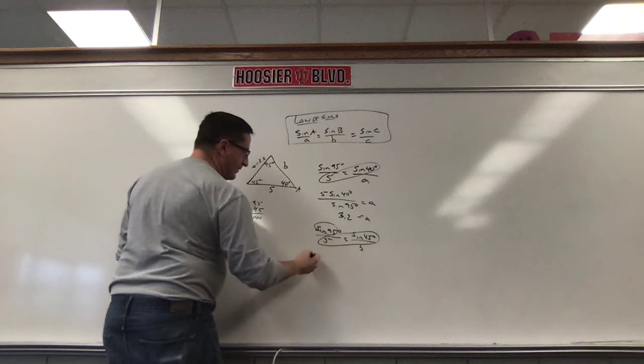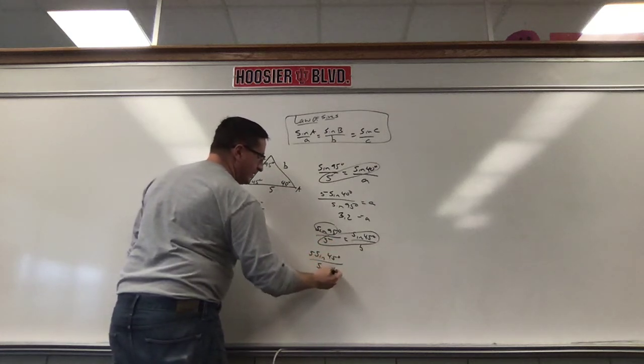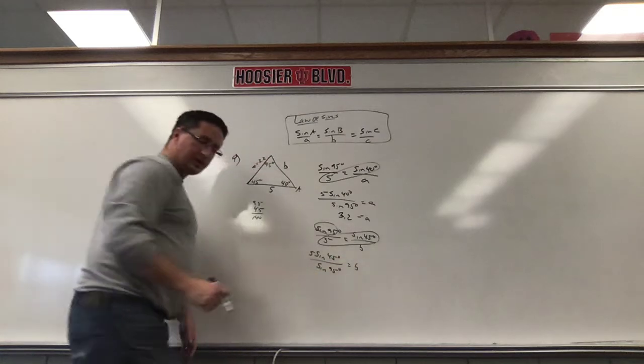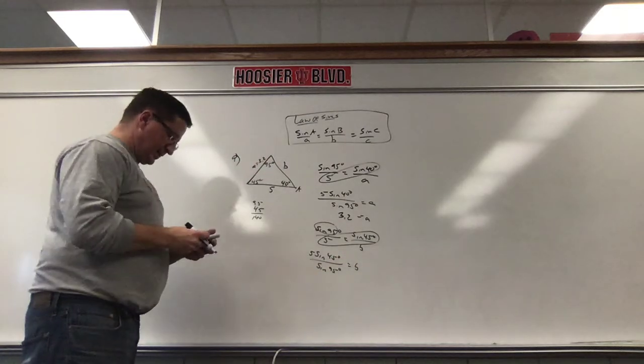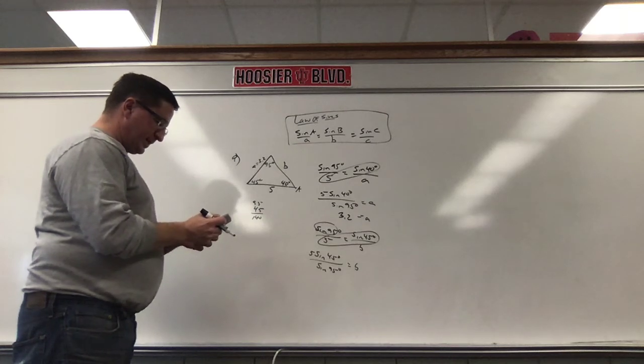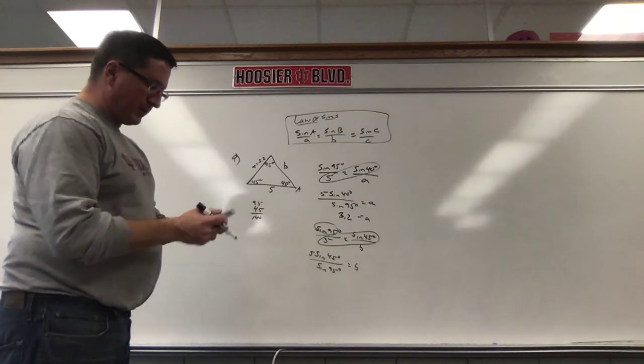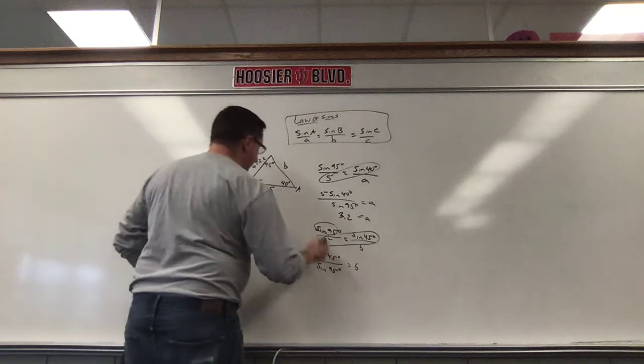We take 5 times the sine of 45 degrees, divide by the sine of 95 degrees, equals little b. You get about 3.5. So b is about 3.5.